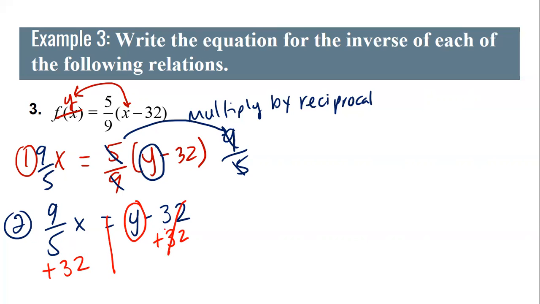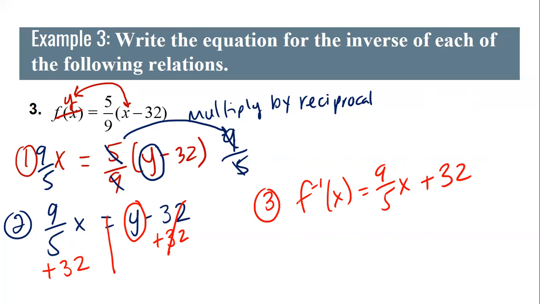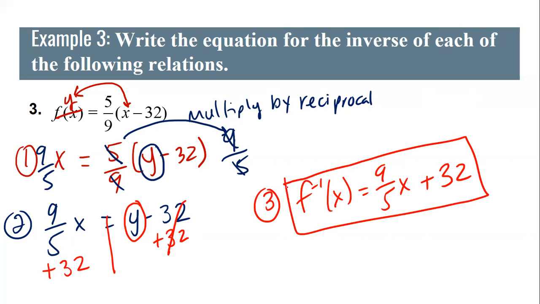These are not like terms, so they just become neighbors. So we have 9/5 x plus 32. Now, was that fraction terrible? All you did was flip it, and then it disappeared.